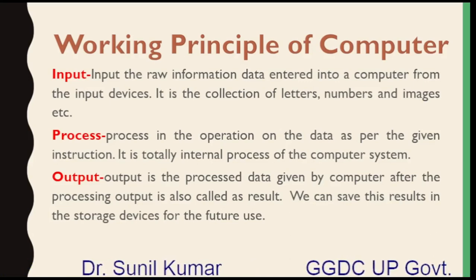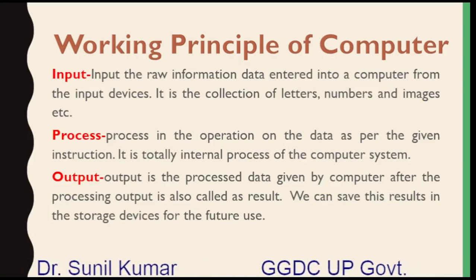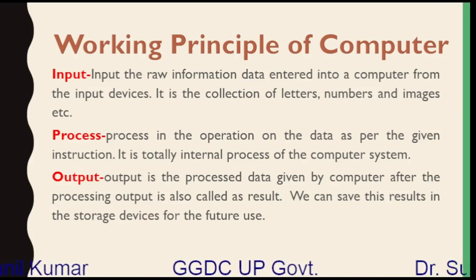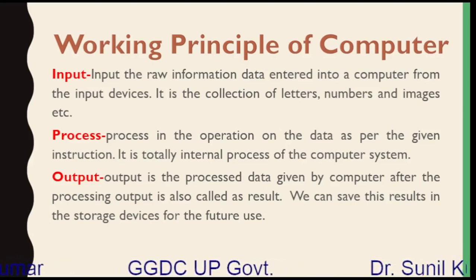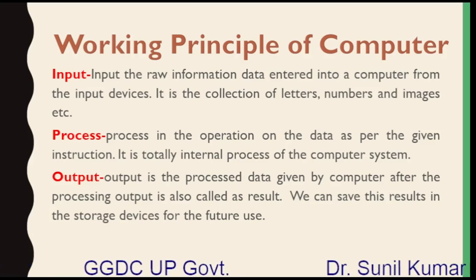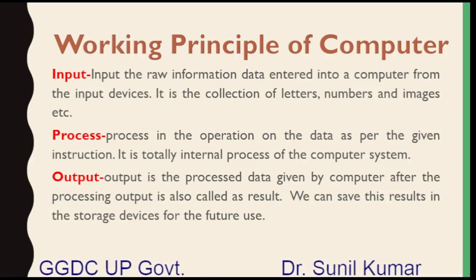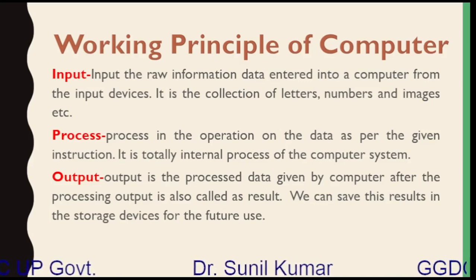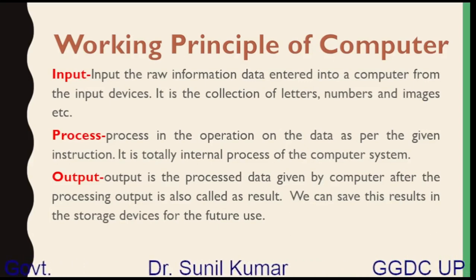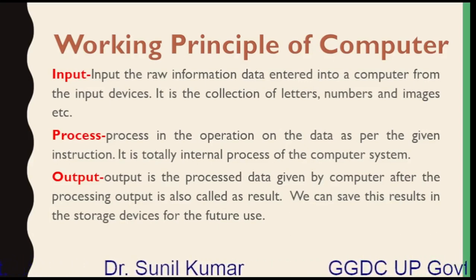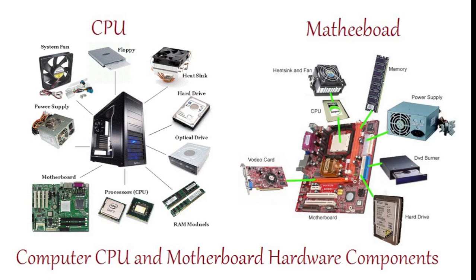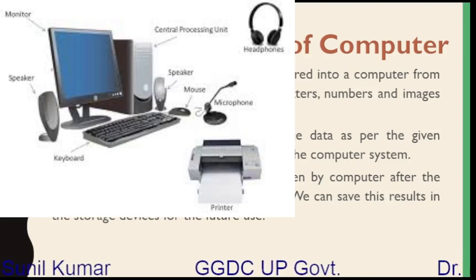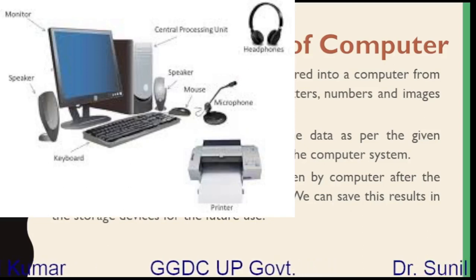In the context of computers, an input refers to any data or information that is entered into a computer system. This can include text typed on a keyboard, images captured from a scanner or camera, audio recorded from a microphone, and various types of data received from input devices such as a mouse, touchpad, or a joystick.